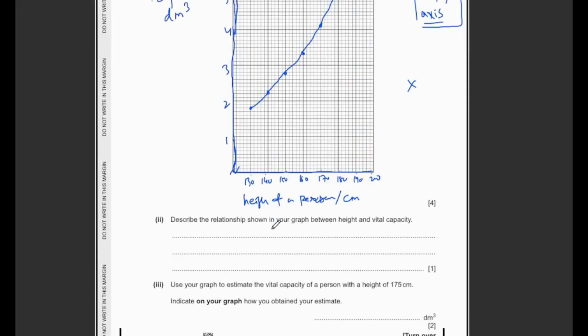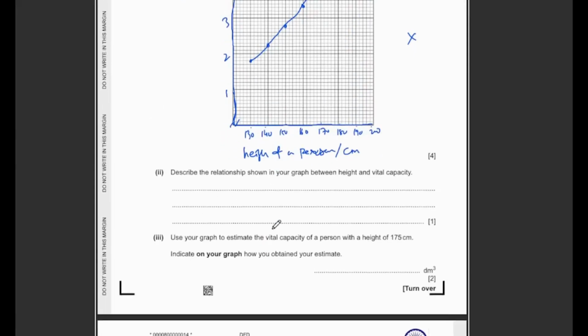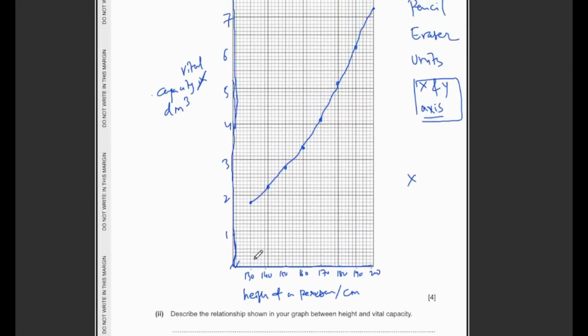Next one, describe the relationship here and then use the graph to estimate the vital capacity. Height 175, show on your graph. So on 175, that means this is 170, 175 should be in the center somewhere here, and I have to show it on the graph.